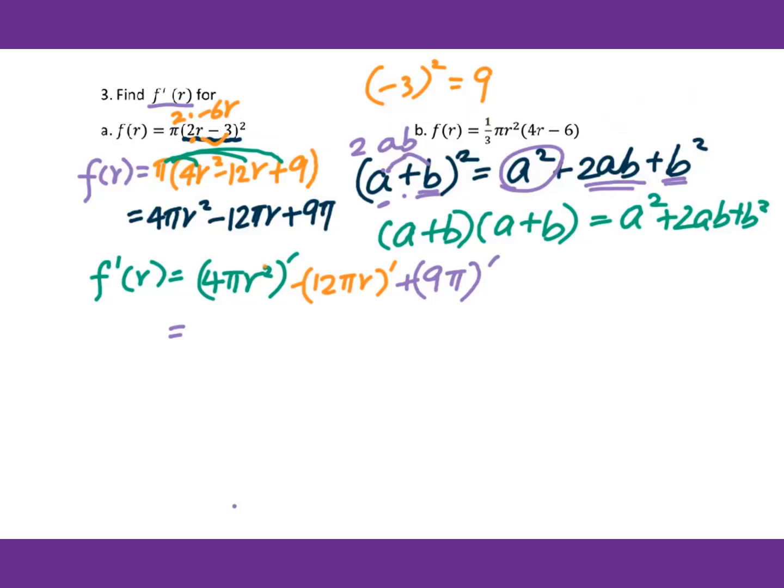Therefore, these two drop down, then minus 1. You will get 4 pi times 2r, minus. This is a linear function, therefore you get the 12 pi. This will be 0. So we get 8 pi r minus 12 pi.